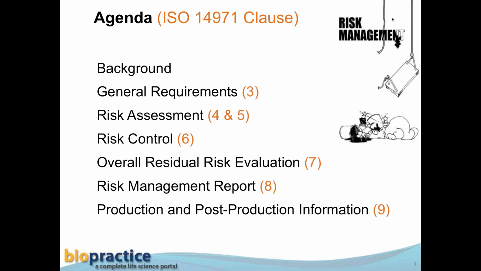But the outline, as you'll see, is going to be going through the requirements clauses, which are shown here in parentheses. So the standard itself, 14971, has a scope and some definitions, but then the actual requirements begin in Clause 3, continuing to Clause 9. So this is the overall agenda.